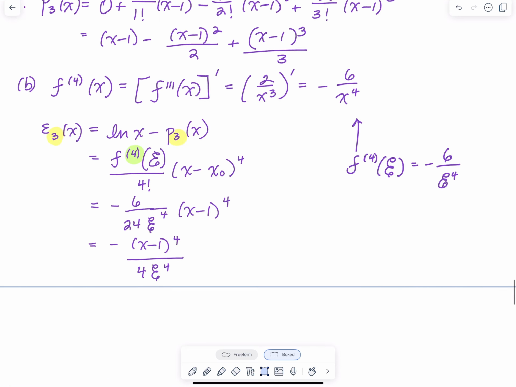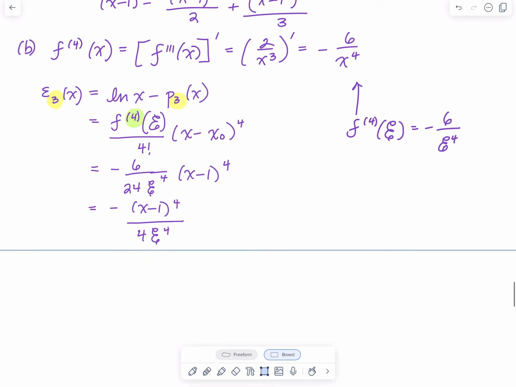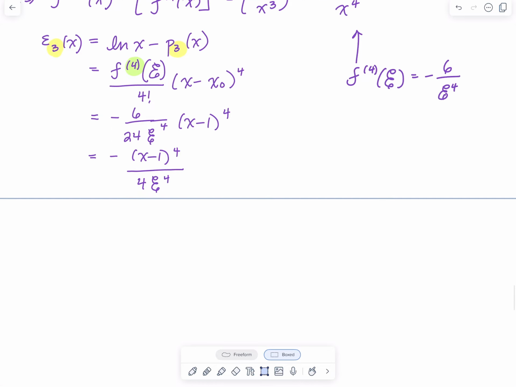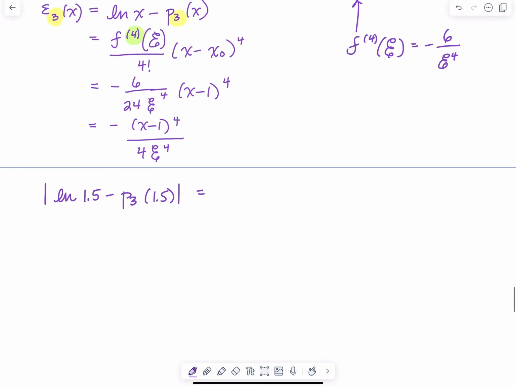So now let's go ahead and see what we have. They've asked us to estimate what we have here. Actually, that was part C. They've asked us here to use the error formula to show that the absolute value of the natural log of 1.5 minus the third degree Taylor polynomial evaluated at 1.5 is equal to the absolute value.